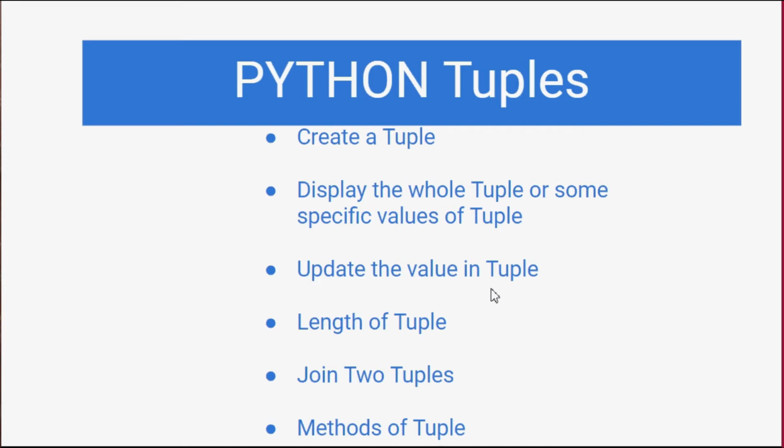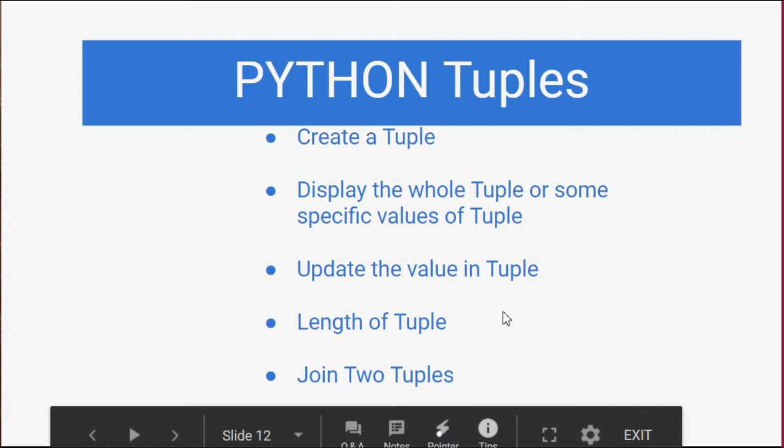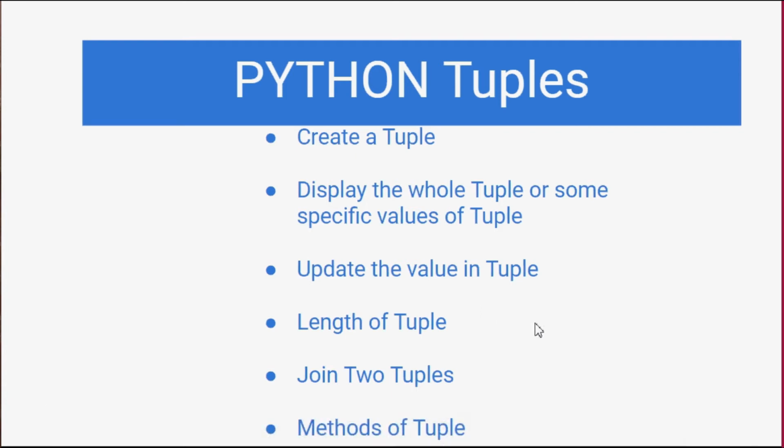Okay, so we are going to calculate the length of the tuple. We are going to join two different tuples, or we can join more than two tuples as well, and then we are going to discuss some of the methods related to tuples. By methods I mean some of the functions or operations related to tuples. Okay, so let's understand all these things with the help of a program.